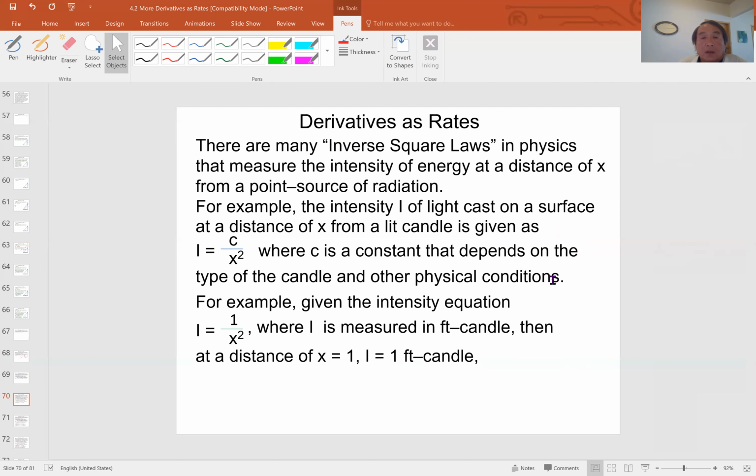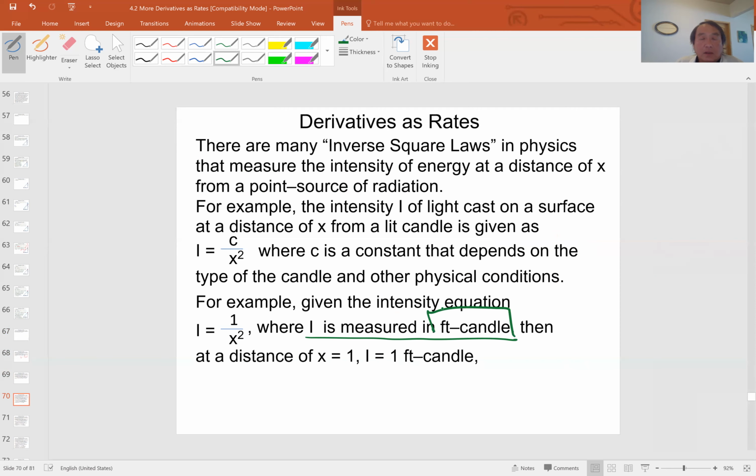So for instance, this is the law of intensity. In physics, what's the unit for intensity? Well, we measure in so-called foot candles. We can look up in physics what foot candles are, how bright the intensity is. And x is the distance.